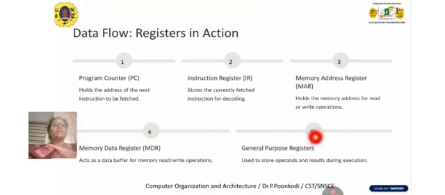Then the next one is the general purpose register. This general purpose register is used to store the operands and the results during the execution.